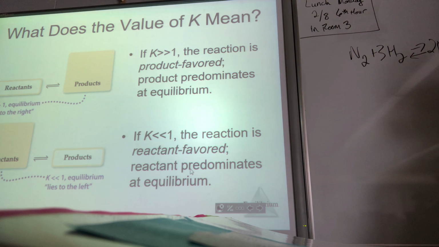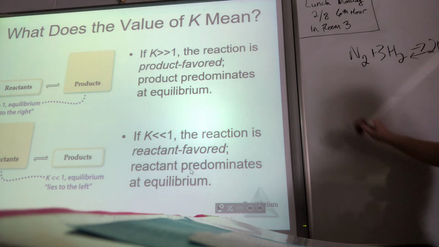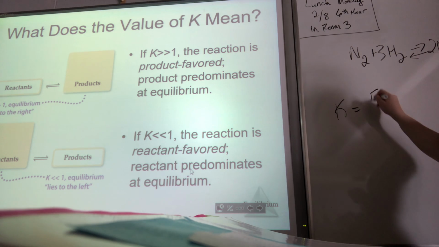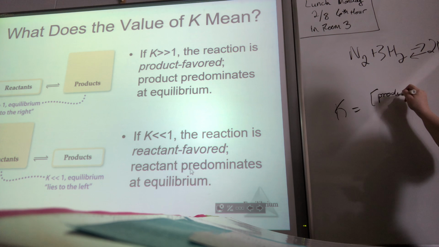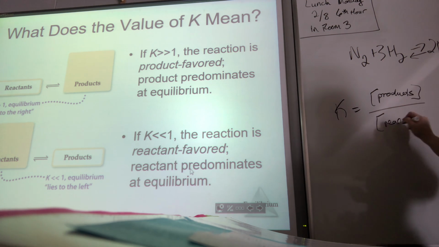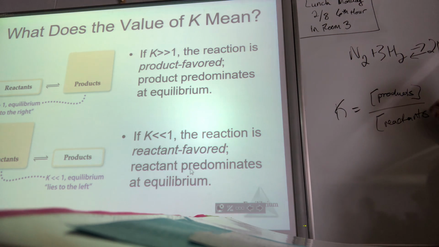And if you think about the actual expression for K, we put products on the top, reactants on the bottom. If you end up with large concentrations for products, yeah, your number's going to be big because the number on top of the fraction is the big number. The reverse situation, where if we have really large concentrations for reactants, that makes this fraction very, very small.